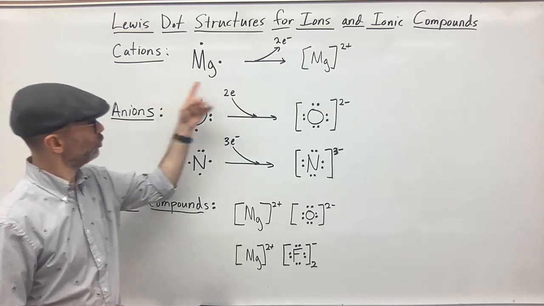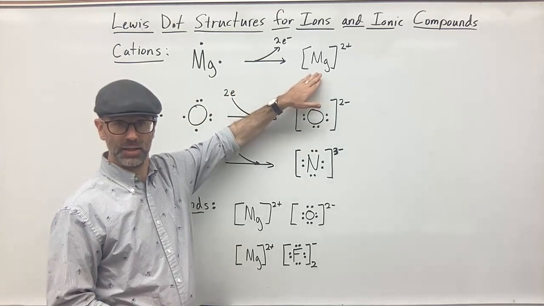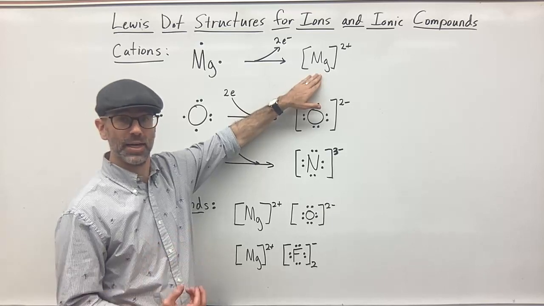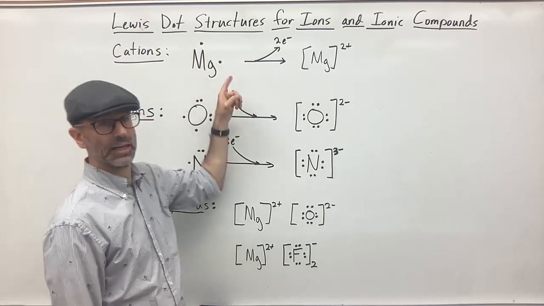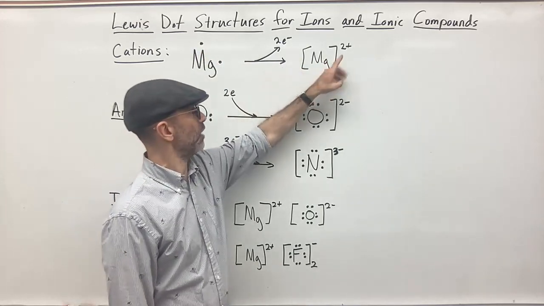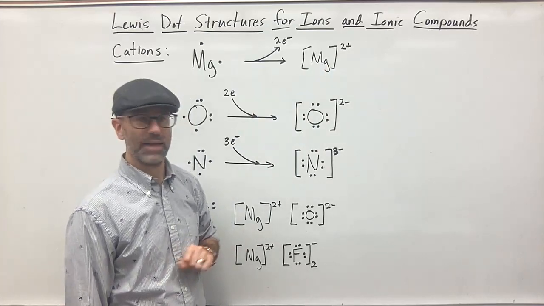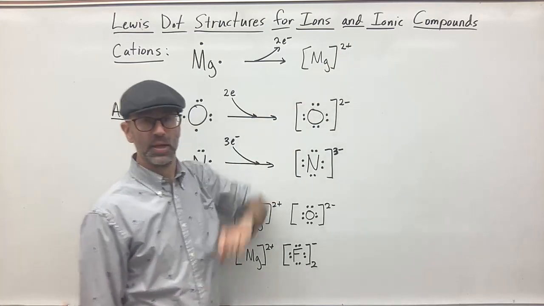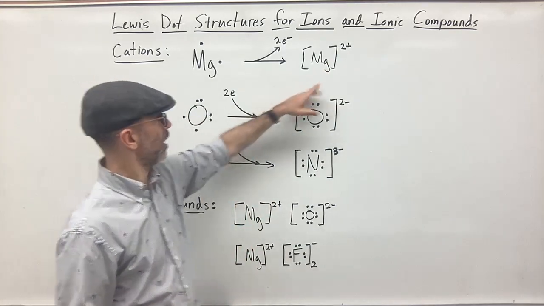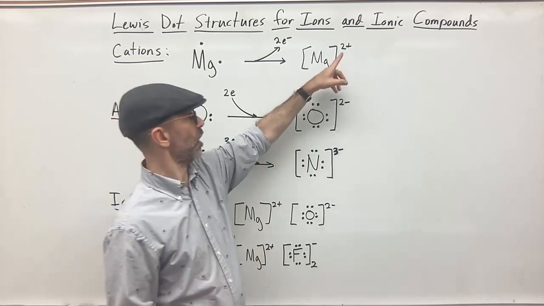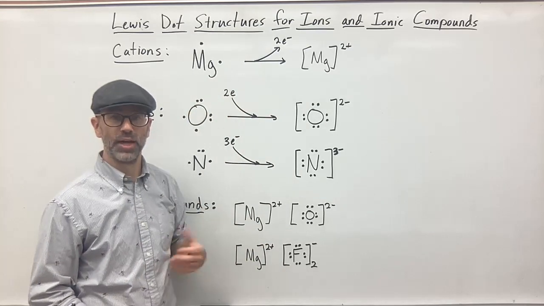Magnesium is going to lose those two electrons, and the way we write our Lewis dot symbol for a positive ion is to just have the symbol with the two dots missing, have brackets around it, and then have the 2+ charge at the top right corner. So you typically have brackets around your ions to indicate that you have a charge, and you put the charge on the top right. That's how you would do your positive cations.